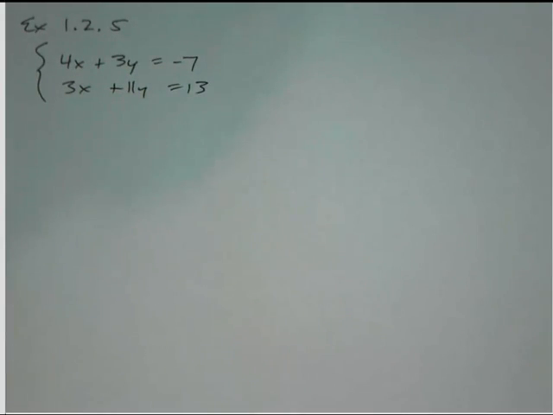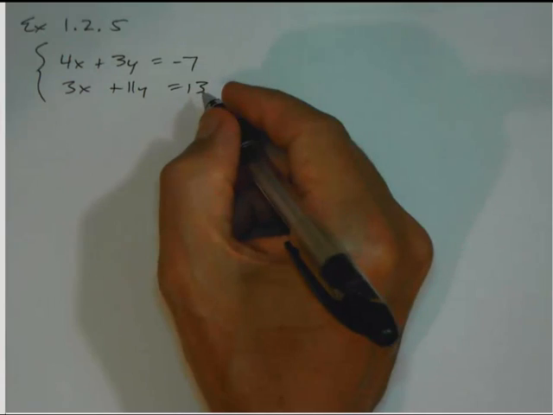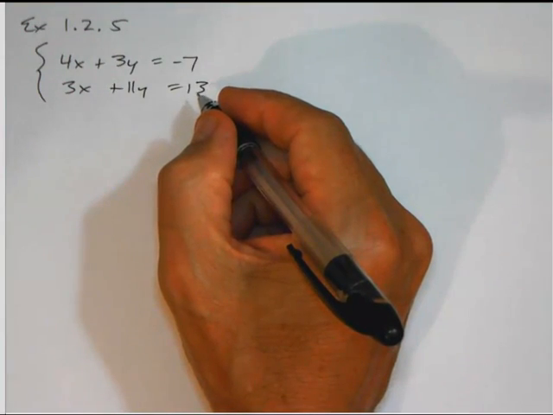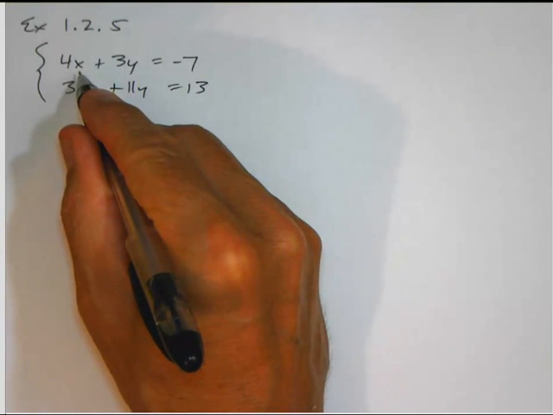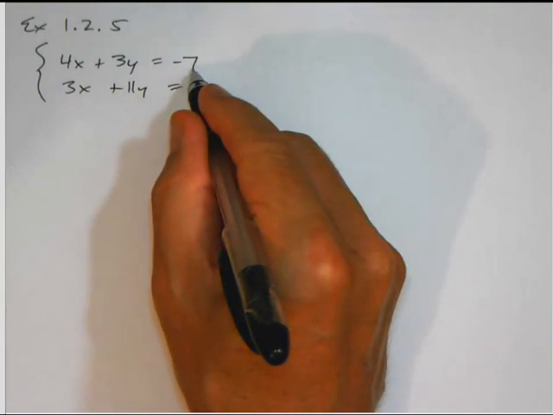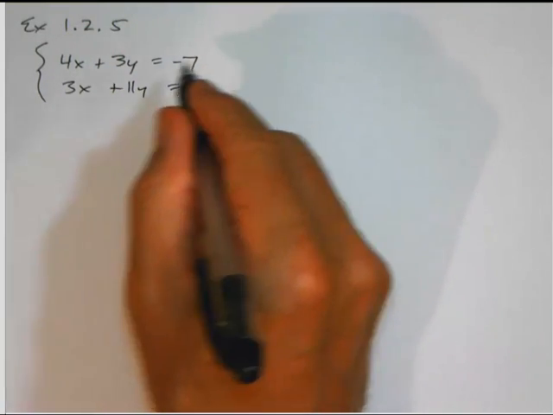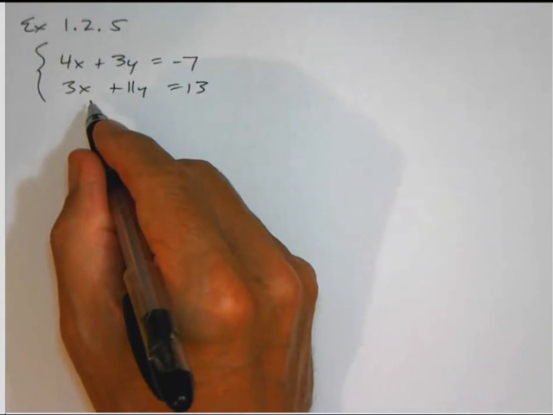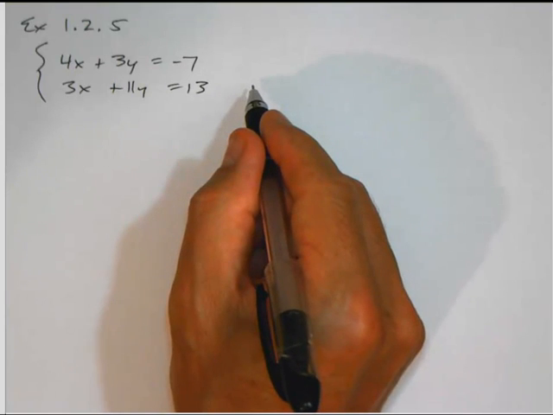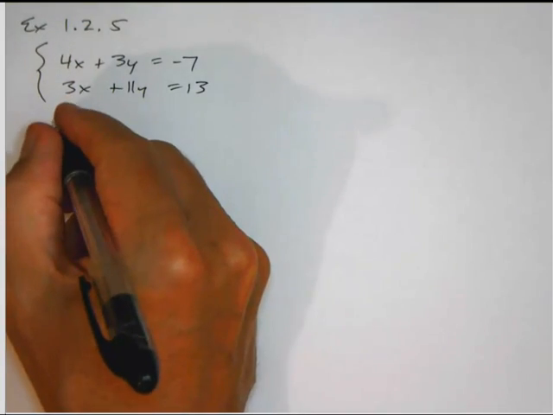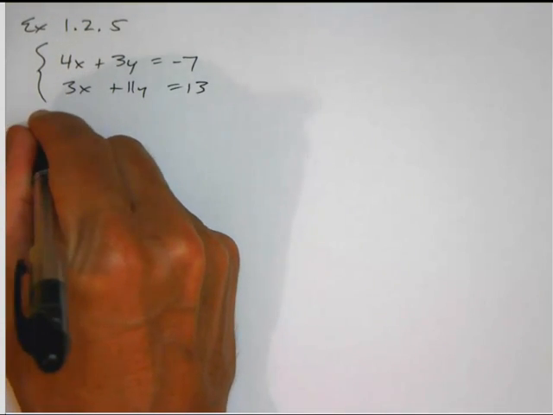Okay, here's exercise 5. Let's take a look at this system as far as being two variables linear. The first equation is in the form ax plus by equals c, linear. The second equation, also already in the form ax plus by equals c, so linear. Alright, the system is indeed linear two variables.